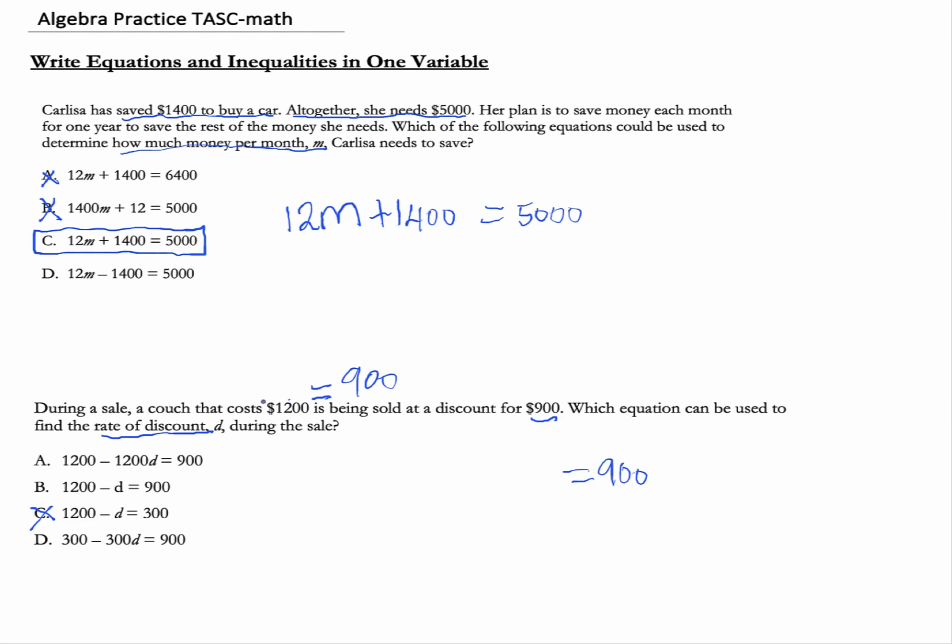So whatever the original price, and we know it's 1,200, we're going to have to multiply that by the discount. And then you subtract that value from the original price, which we know is 1,200. So the answer we're looking for is this one. And this is shown in A.